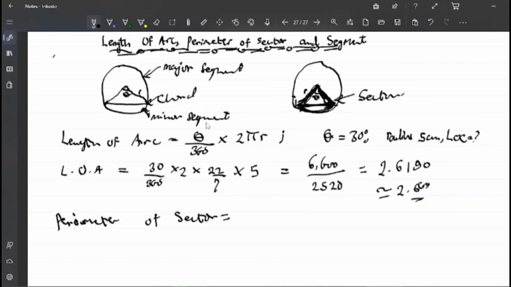If you look at that sector, the distance around it is radius plus radius here, then plus this arc, the length of arc. So the perimeter of a sector becomes 2r plus length of arc. All right, so that's that.